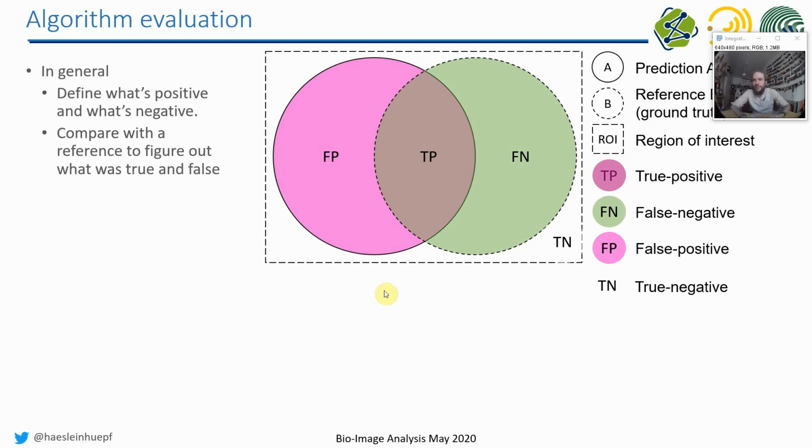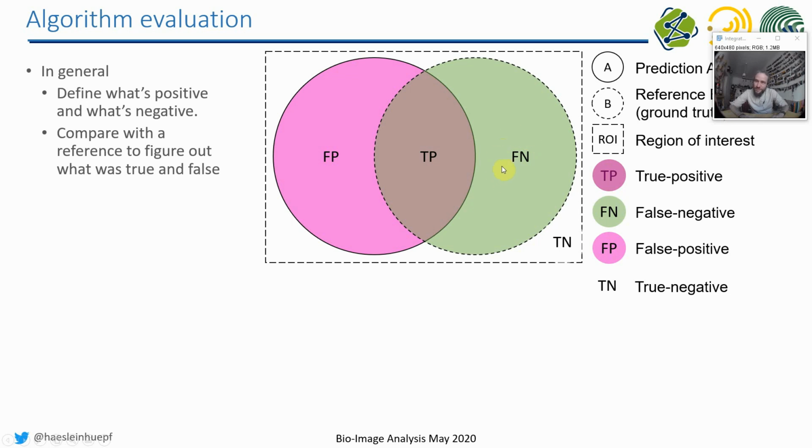To start at a simple point, we start at the center. Here in this particular region in the center, the algorithm was convinced that this is part of the positive region, and the human who generated the ground truth also said that this is part of the positive region. So the algorithm and the ground truth overlap here. So that's why this is true positive. Outside of that region, this was actually positive in the ground truth, but the algorithm didn't see it as positive.